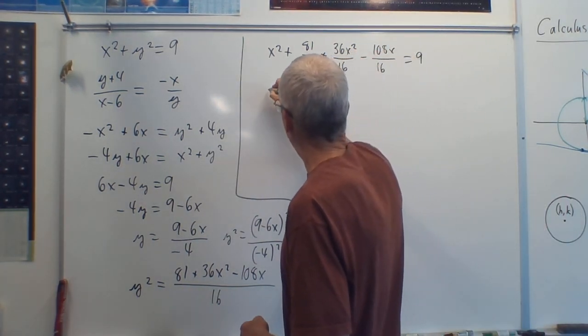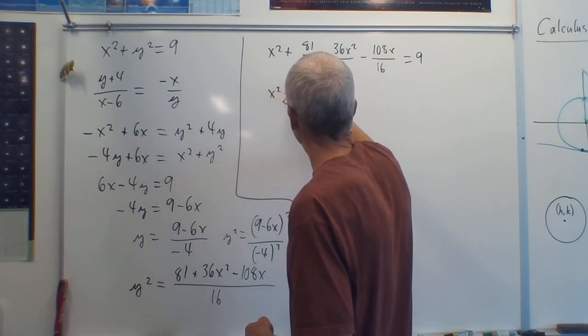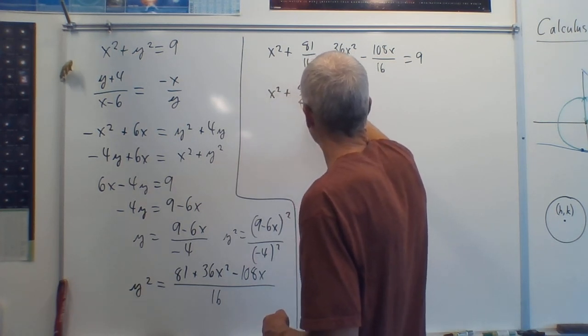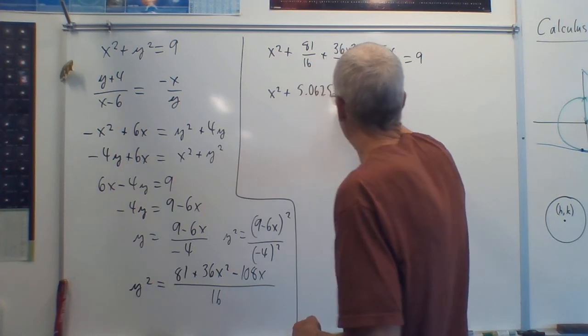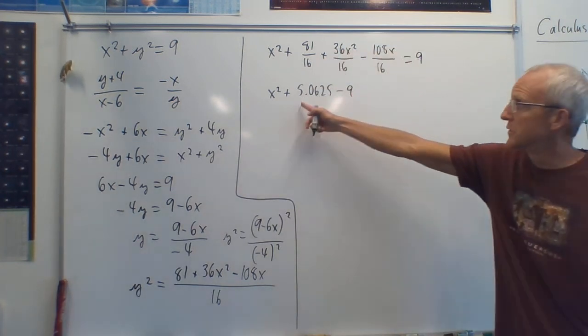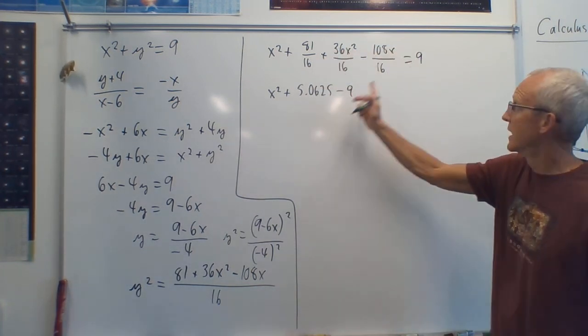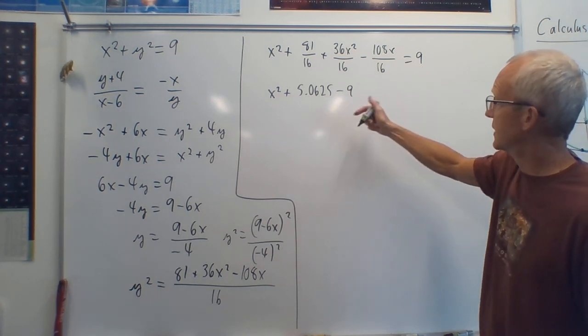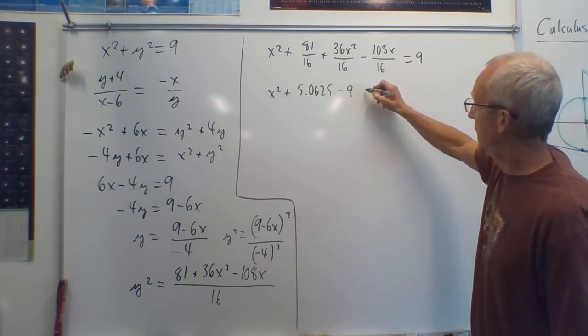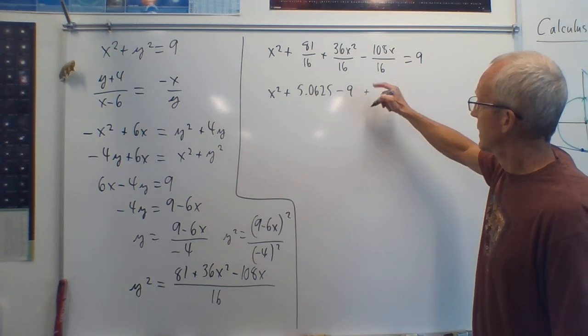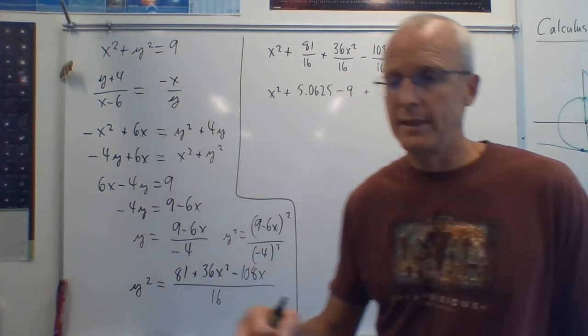So we have x squared plus 5.0625 minus 9. I'm going to put the 9. These are the two numbers, right, by themselves, no x's. So 9 is over here, so it's minus 9 over here. Plus 36 divided by 16, x squared.